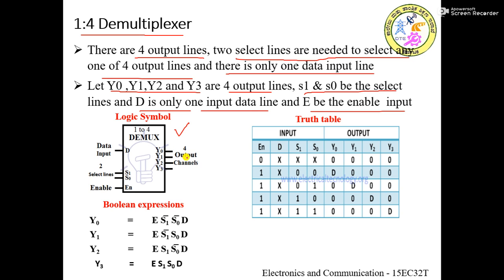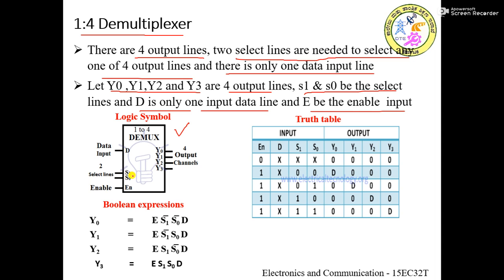Okay. So if you see the operation, with the two select lines I can have four different possible combinations. It may be 0 0, 0 1, 1 0, or 1 1. The contents on these select lines are used to select one among the four output lines.